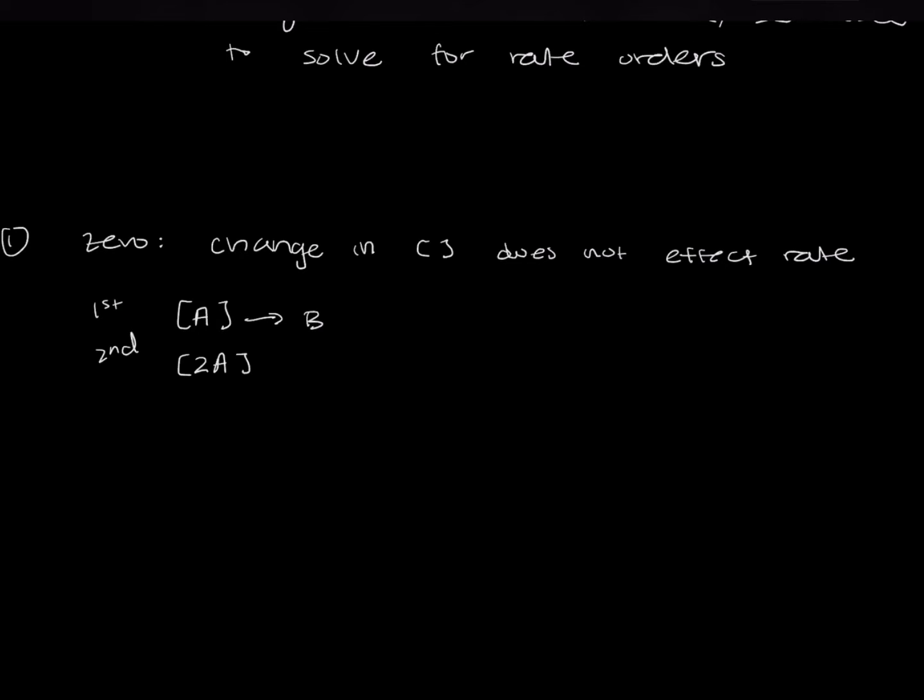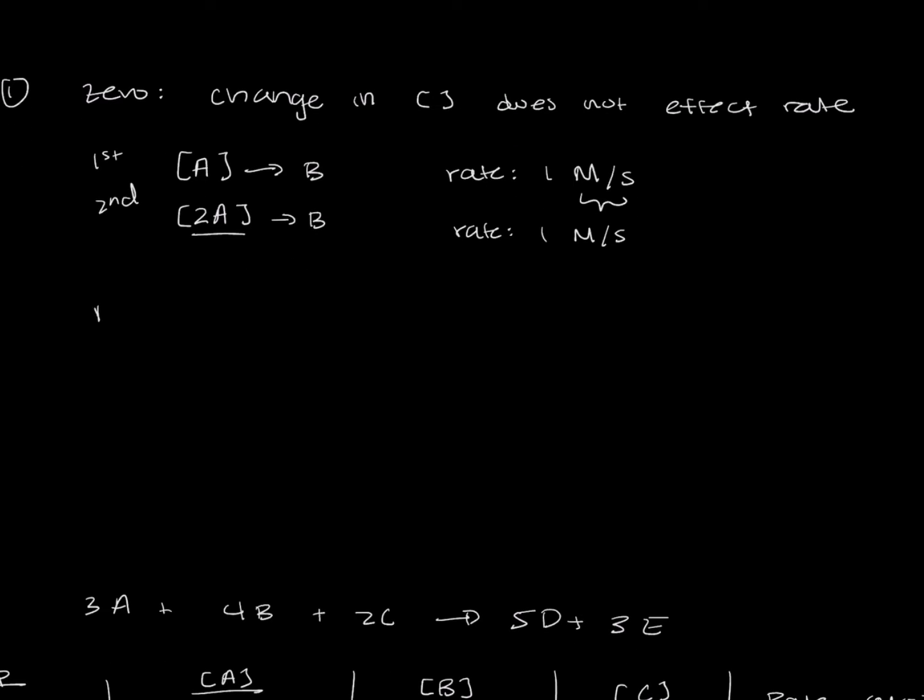And so the first one, we get a rate of 1 molarity per second. Remember, rate should always be in terms of molarity per second. Okay, so then second, when we double this, we might expect the rate to also double, but zero order reactions are pretty wonky. So what we end up getting is that the rate is still 1 molarity per second, and this does not change.